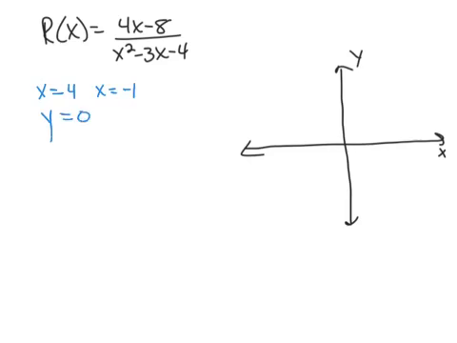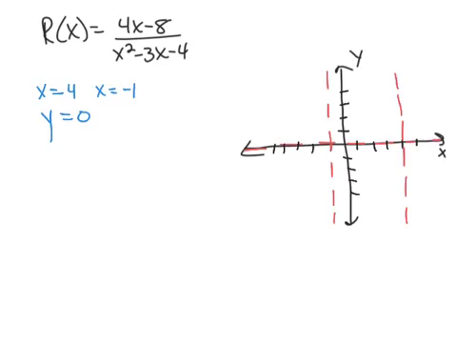So I can put those in as dashed lines. If I'm just going to sketch this, I'll lay out some points here. x equals 4 means it's going to be out here. I've got a vertical asymptote, and x equals negative 1.